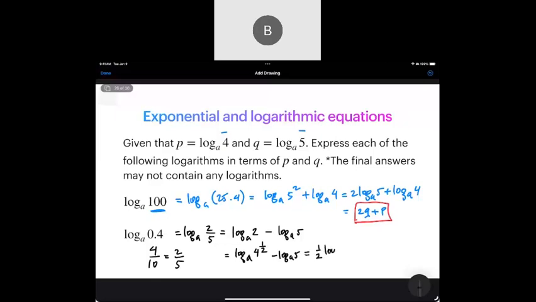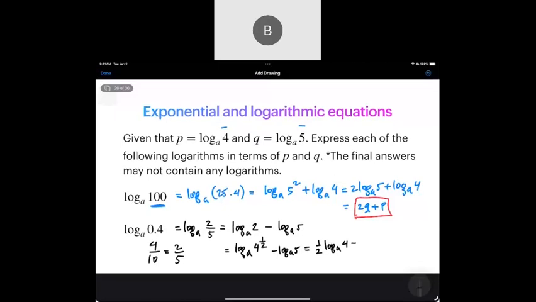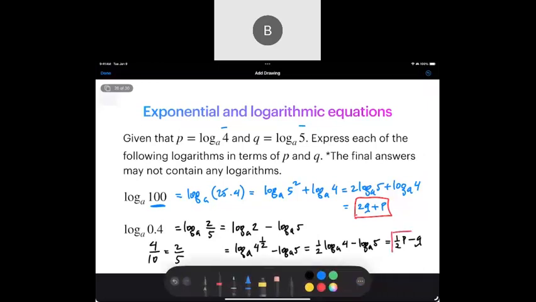So this can be half log base a of 4 minus log base a of 5, or half P minus Q, and that's the answer.